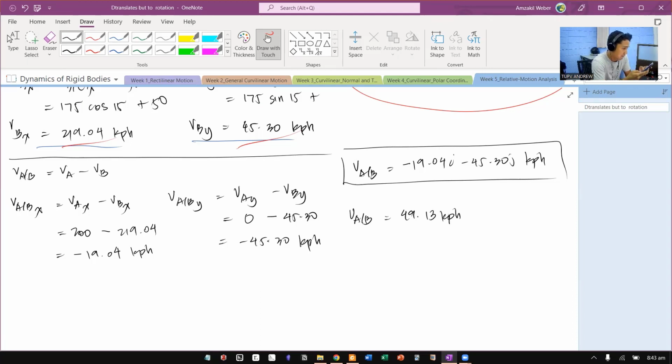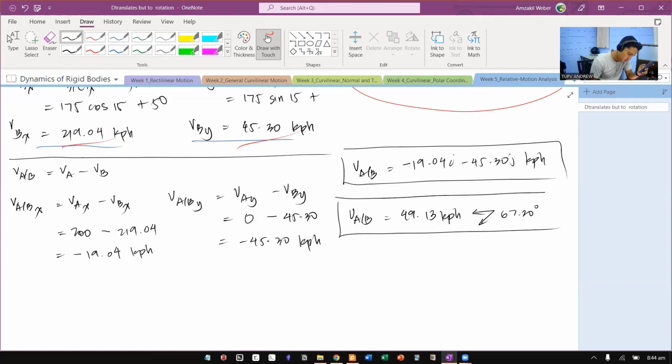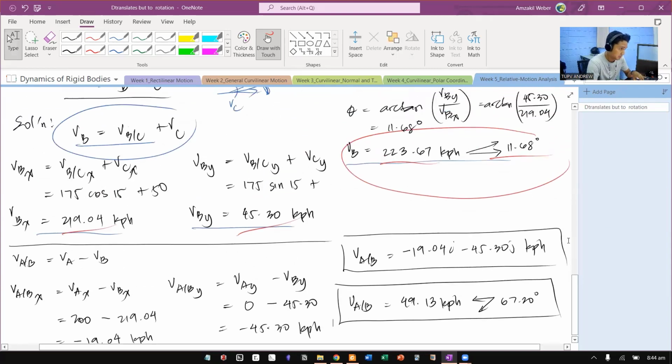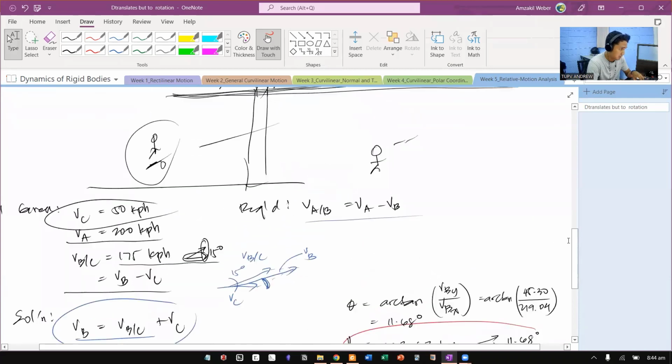They are both negative. Let's verify it using vectors, A/B.